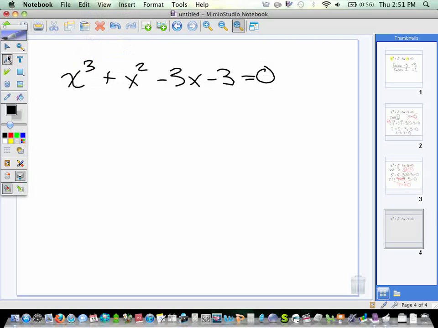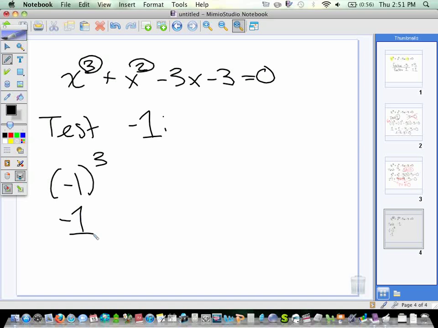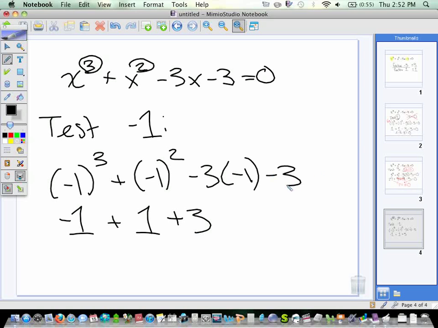Let's go to our next one. Let's test -1. And yes, -1 is a different factor than regular 1 because it can also yield different results. You may not think so because of these exponents up here, but they actually do change with negative numbers. For instance, when I do -1 cubed, that's going to be -1, not a positive 1. -1 squared, however, becomes a 1. -3 times -1 plus 3 minus 3 equals 0.